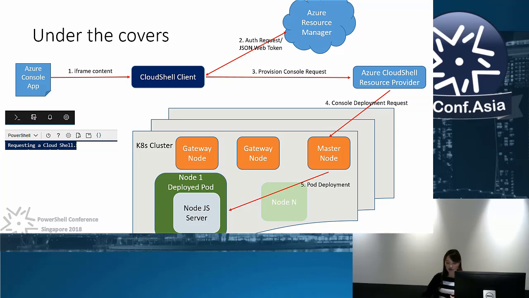Other than that, within the Linux container, it runs a Node.js server. Okay, so remember, eventually we want to set up a connection between the client and the server. This server provides a bunch of API services to client, which will come in next.